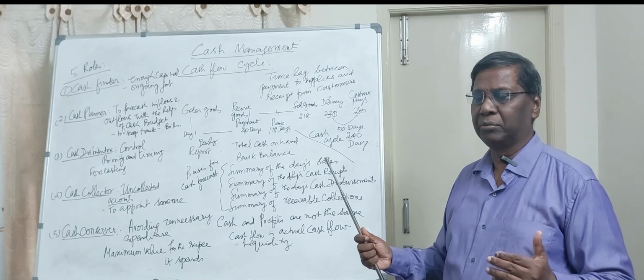Suppose some business people ask for a daily report. If it's a little bigger concern, you can keep an accountant and ask for the daily report. What does the daily report consist of? A summary of that particular day's sales, a summary of the day's cash receipts, how much cash you received, a summary of the day's cash disbursed, and a summary of receivables collections, how much you received from your customers.